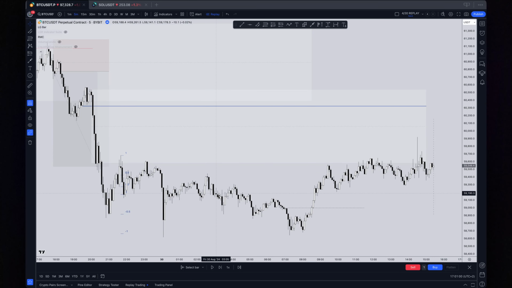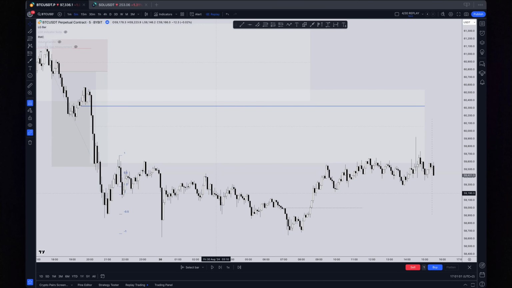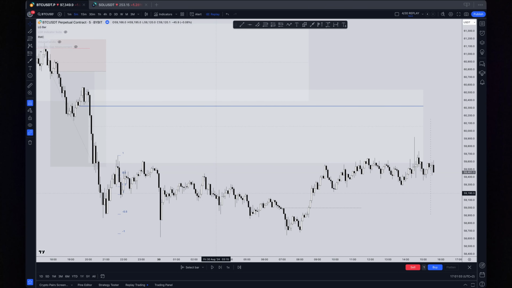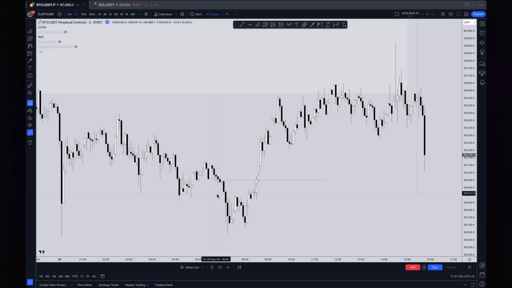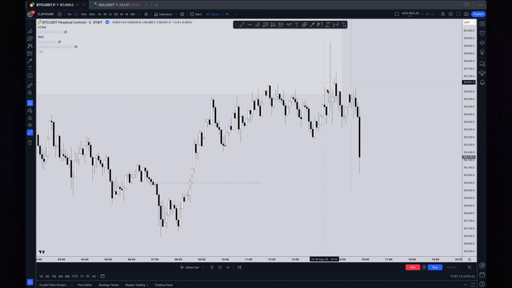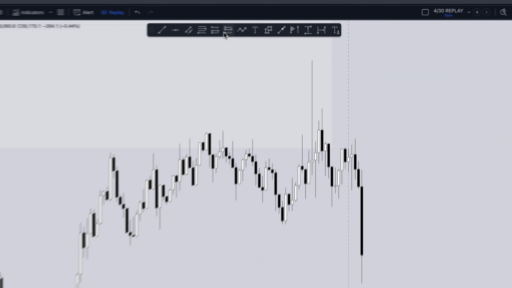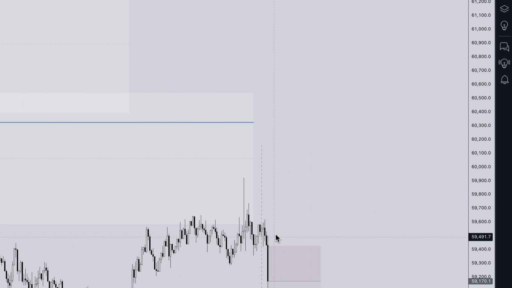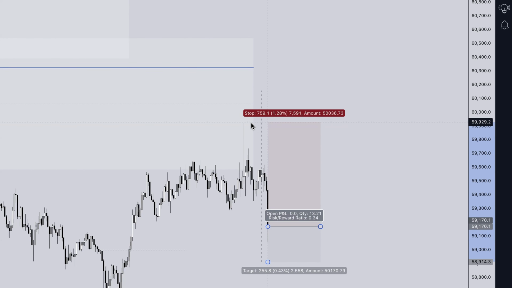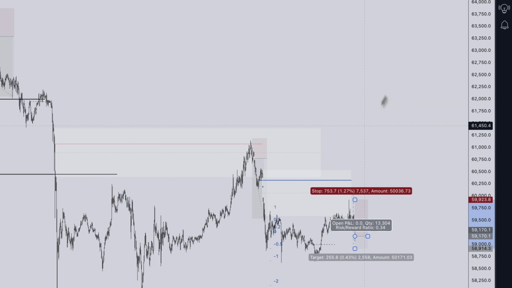Okay, nothing that makes us take some action. And that's where we enter. Because that's the sweep, that's the swing formed, that's the LGC through. That's high though. That's a big stop.